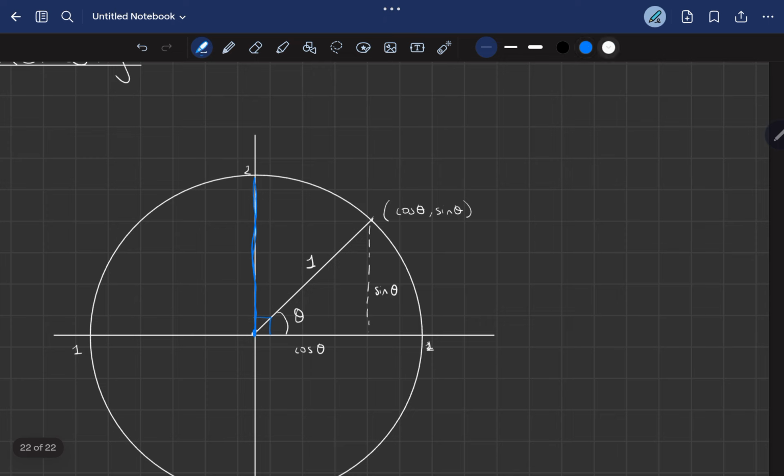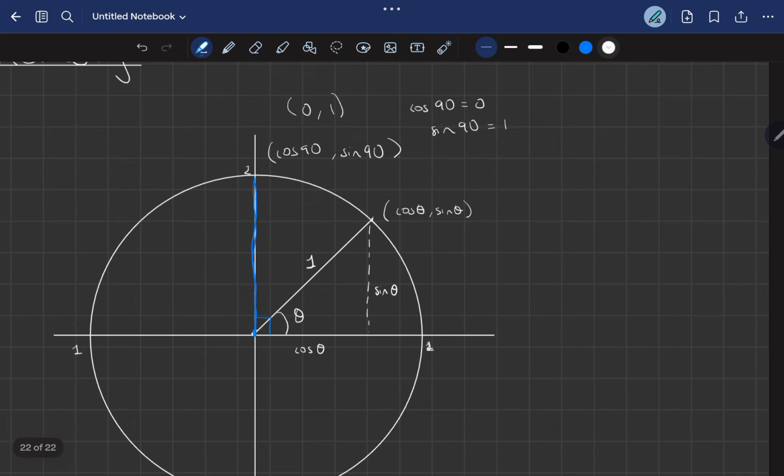So that means the coordinate that it lands on would be cos 90, sine 90. And we already know the coordinate of this location, which is 0, 1. This means that cos 90 is 0 and sine 90 is 1.